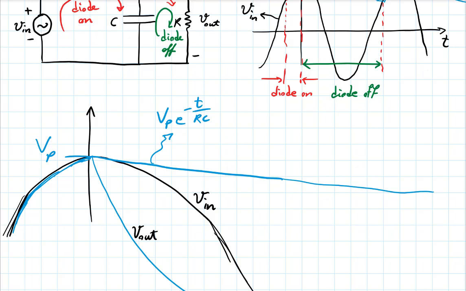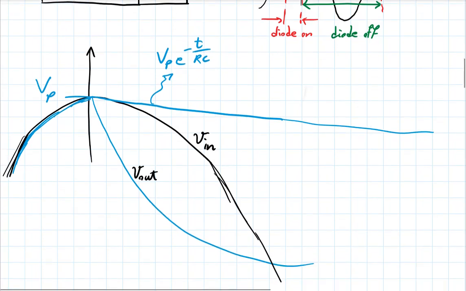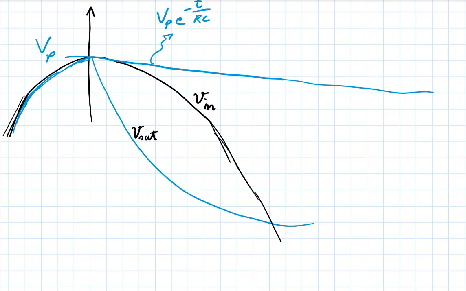And the diode would not allow that. Think about the characteristics of an ideal diode. So that diode actually would turn on sooner than allow this to happen. And if the diode is on, then the output would be going down like this.